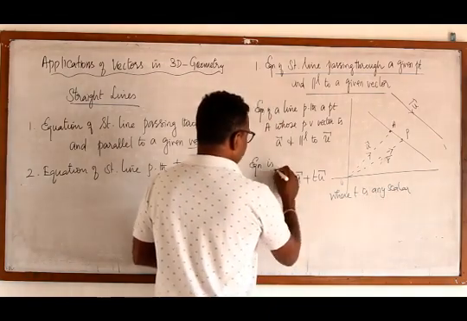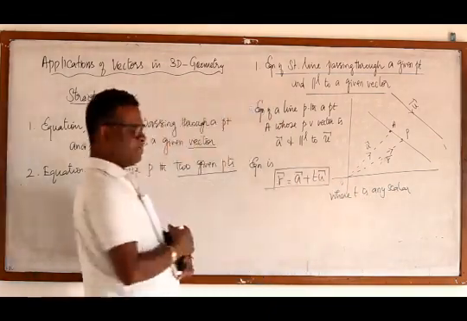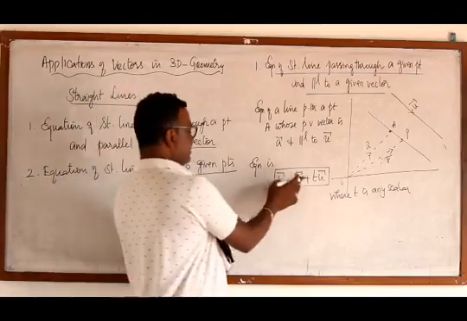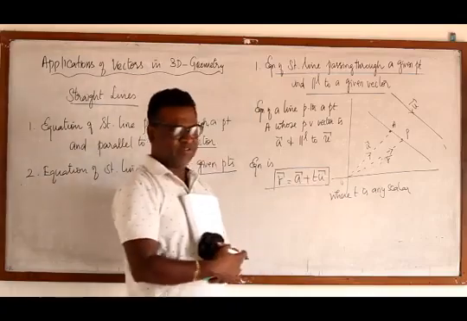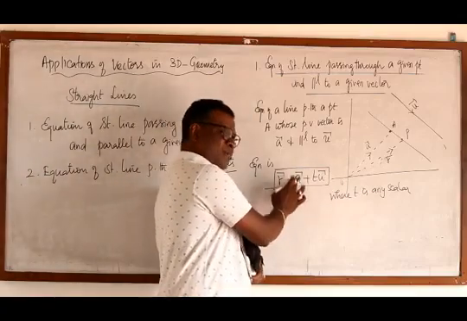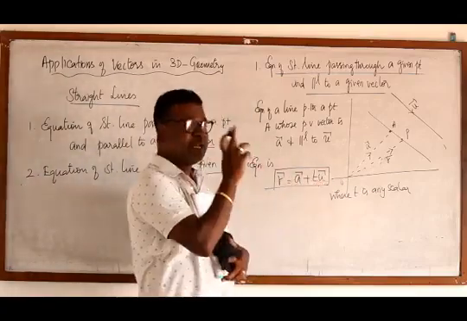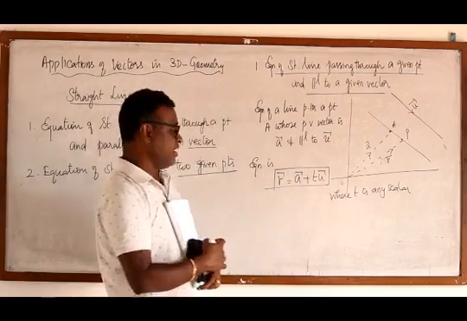This is nothing but y minus y1 equal to m into x minus x1 format. Same thing, but in vector format: R vector equal to A vector plus t U vector. This A represents the point, U represents the parallel vector. You must have that in your mind always.